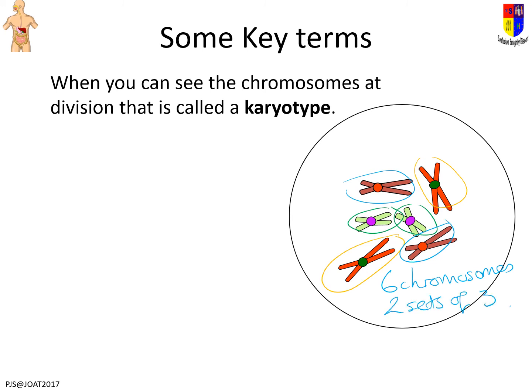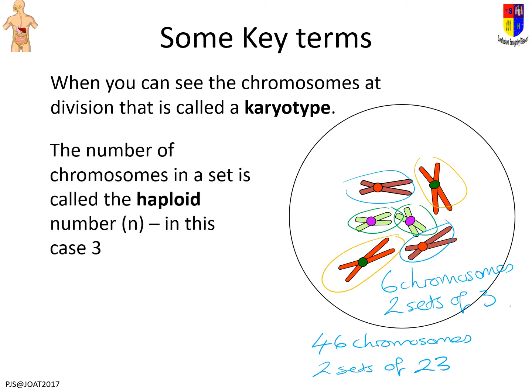Now if this was a human cell, that would be a lot more complicated to draw because we have 46 chromosomes, but what we actually have is 2 sets of 23. So there is a name to describe what's going on when you have 2 sets or 1 set. Now we need sometimes to have a 1 set cell.